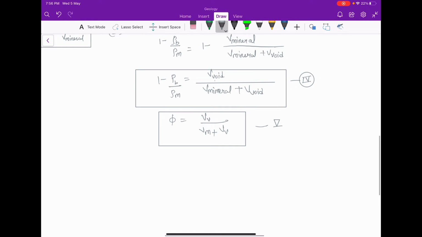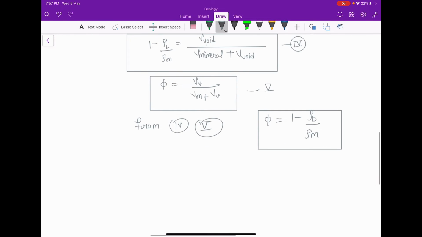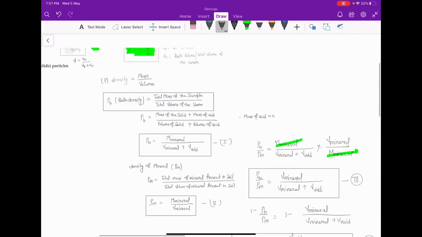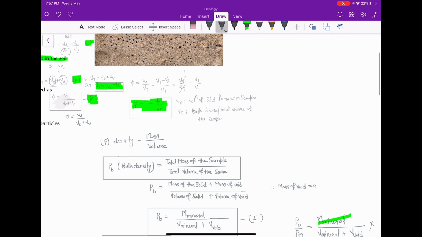So from equation 4 and equation 5, phi will be 1 minus rho b divided by rho m. So this is the formula in terms of density, and this is the formula in terms of volume. So phi is equal to 1 minus Vs over Vt.